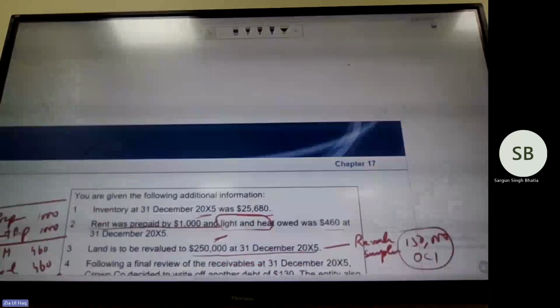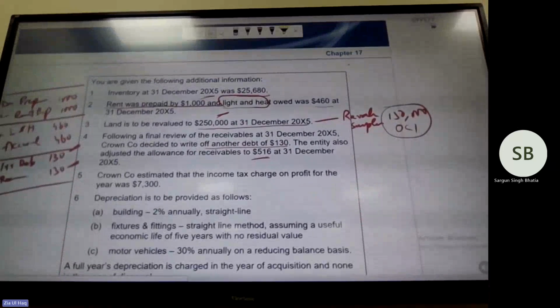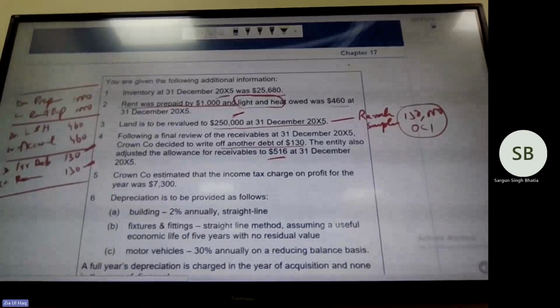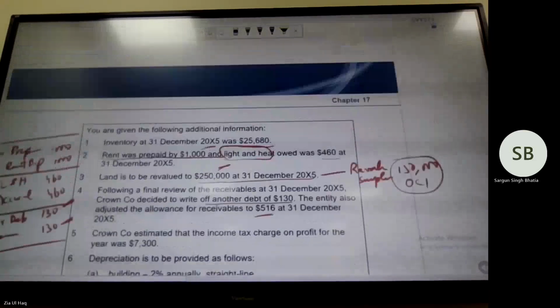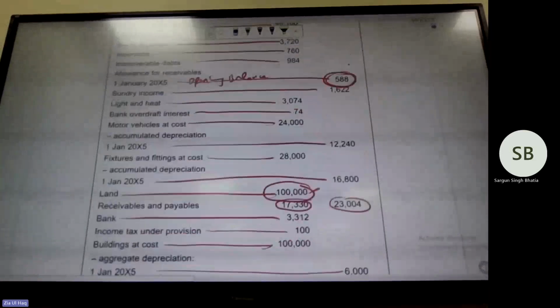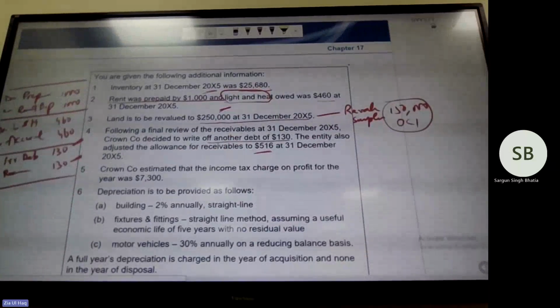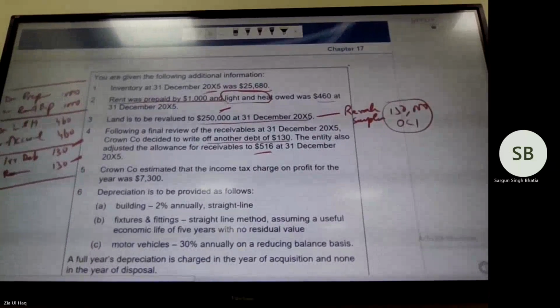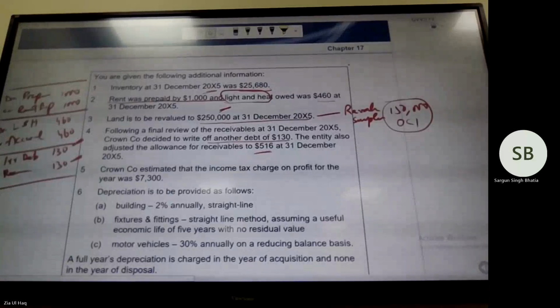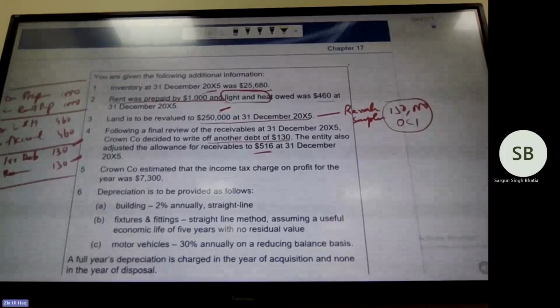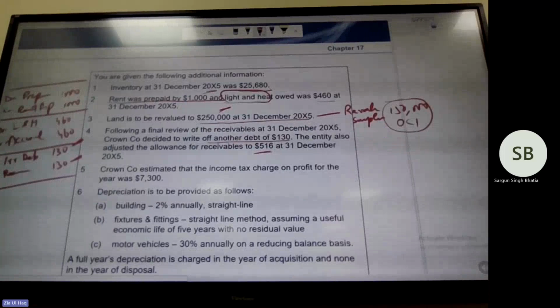Now it's saying the allowance for receivables balance is 516. So from 588 it has become 516, reduced or increased? It is reduced. By how much? 72 negative. So we will record the entry against it.